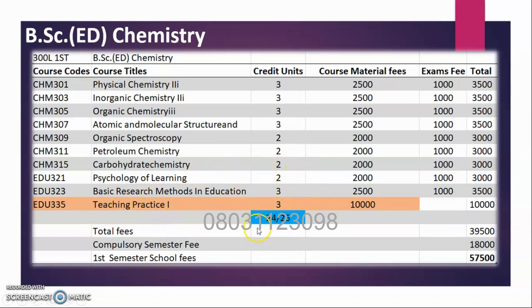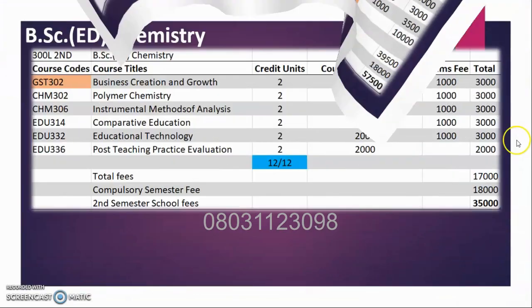You don't have to register the entire 26, although you can register the entire 26. But if you wish to register any left, then you take it to any of the next or future semesters and add it there. So you have a total fee of 57,500. That's your school fees for 300 level first semester.